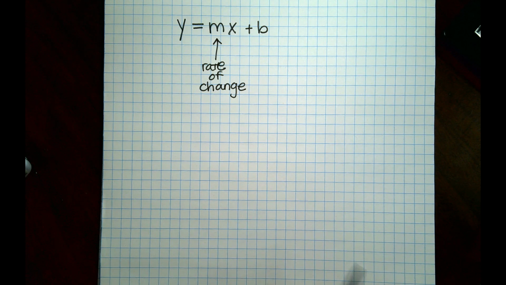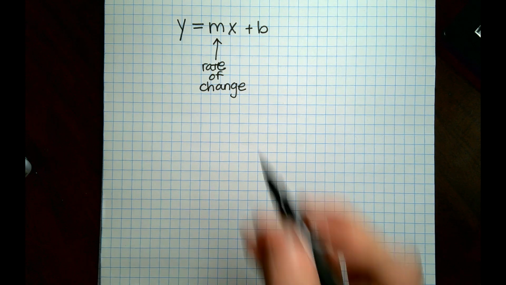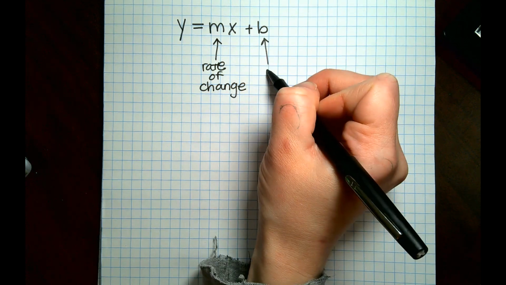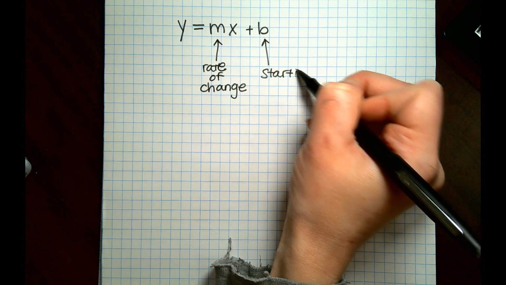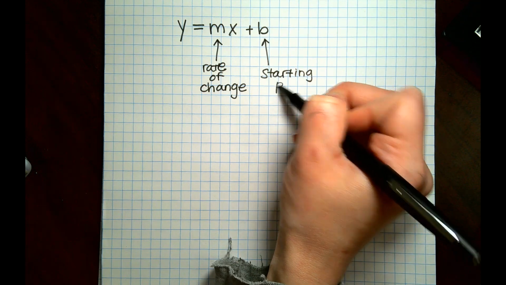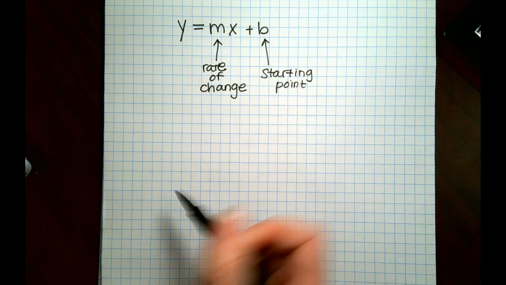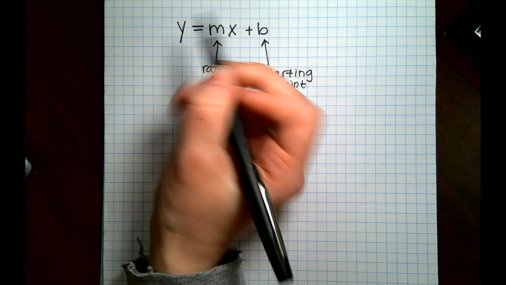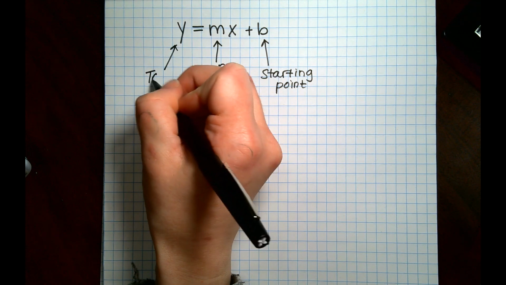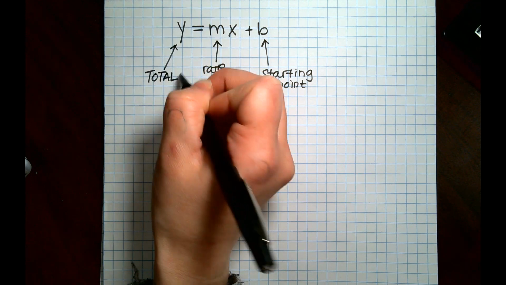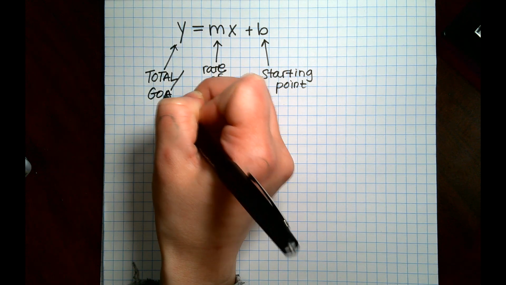You're trying to see how long it takes to fill up a swimming pool. b is your starting point. What do you start with? Same thing when you're graphing. And y is like your total or your goal.